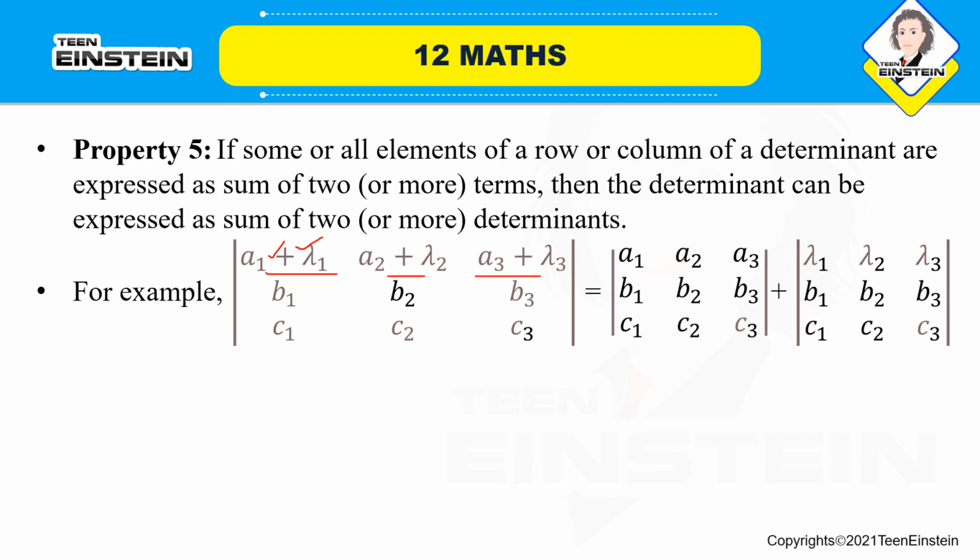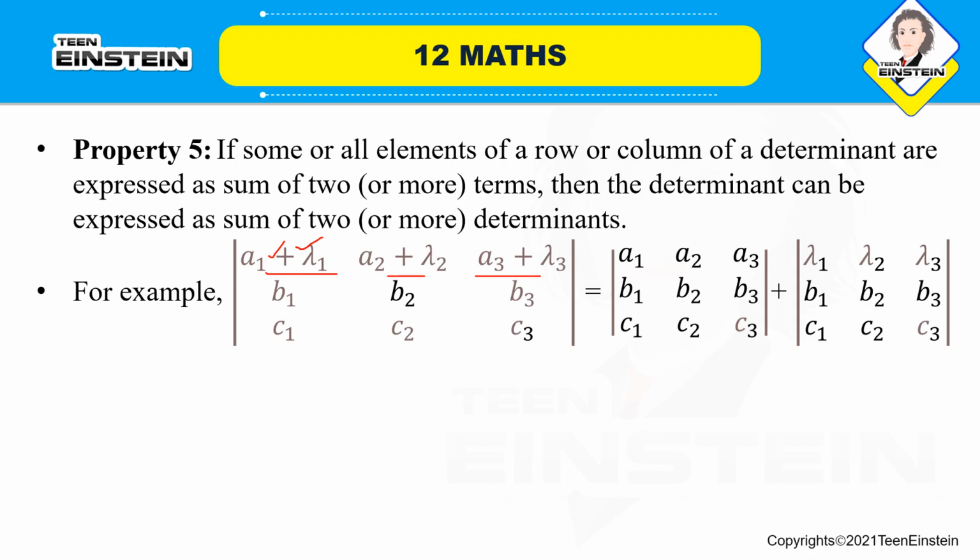If you have this in the left hand side, then it can be expressed as a sum of two determinants. If you have a sum of three terms, you will get a sum of three determinants, or four, or five, and so on. Here it is expressed as a sum of two determinants, as we have a sum of two terms in the first row.